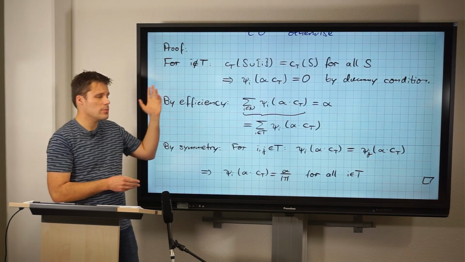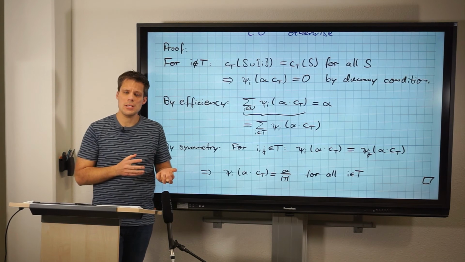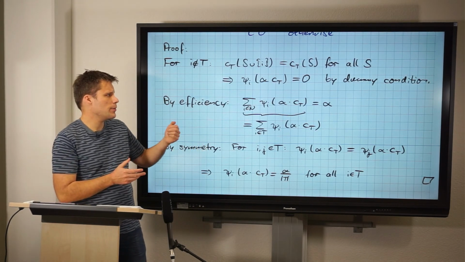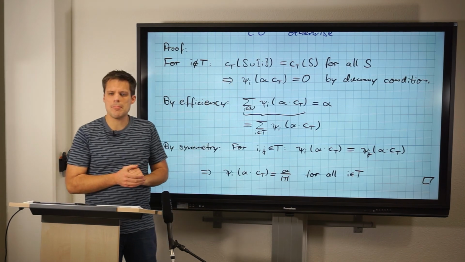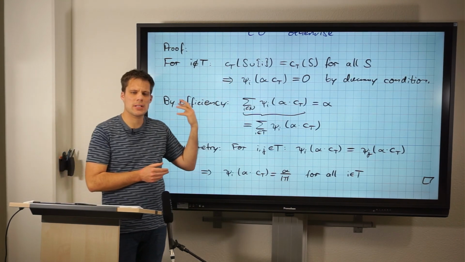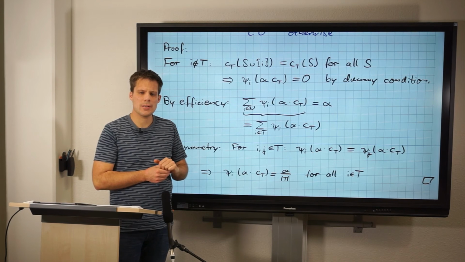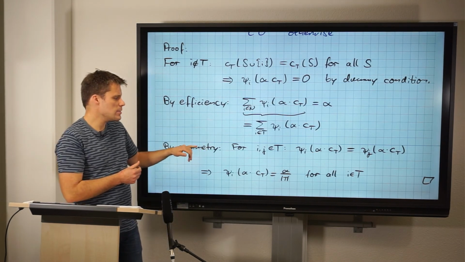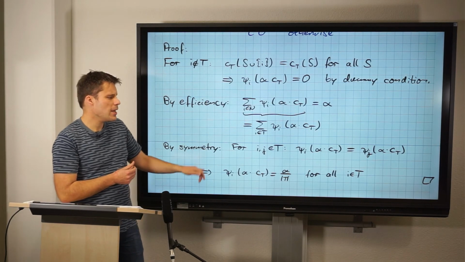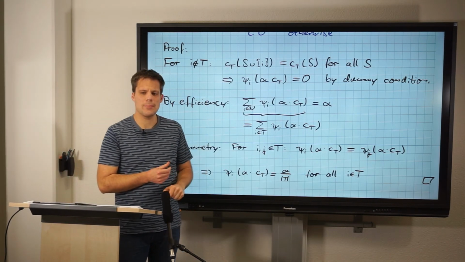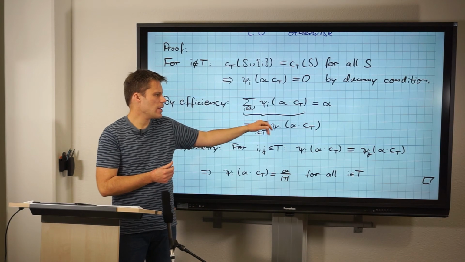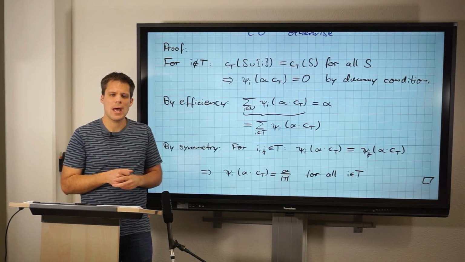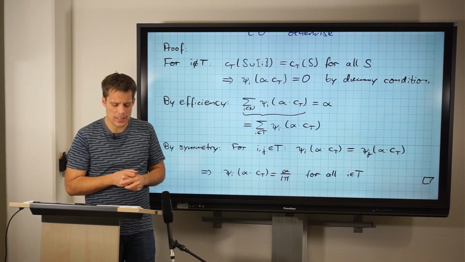There's the group of people who are not in T, and for those, they don't make any influence, so by our dummy condition, the cost share will have to be 0. For the ones who are in T, they have to all pay the same. And together they have to pay alpha, so the point is they all have to pay alpha divided by the size of T.